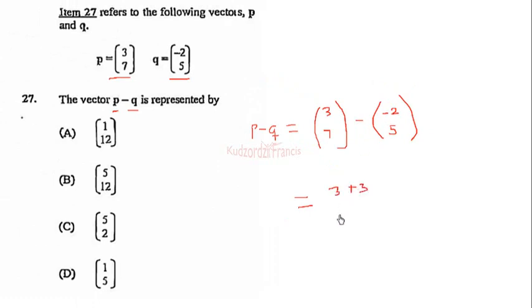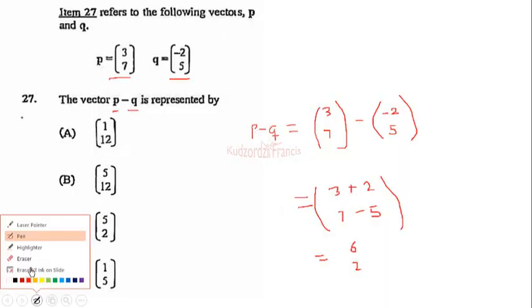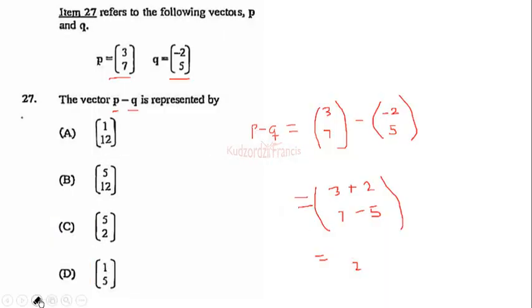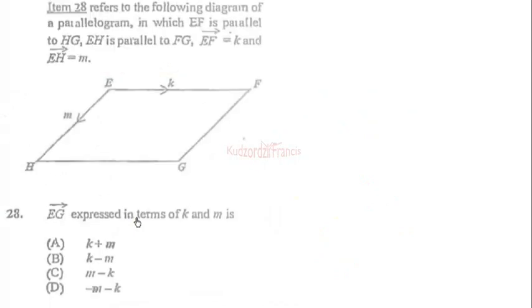We get 3 minus 2, and we also have 7 minus 5, so that will give us 6. Since there's a mistake here, this one will become 5, so we get 5, 2. Then the correct answer is C.